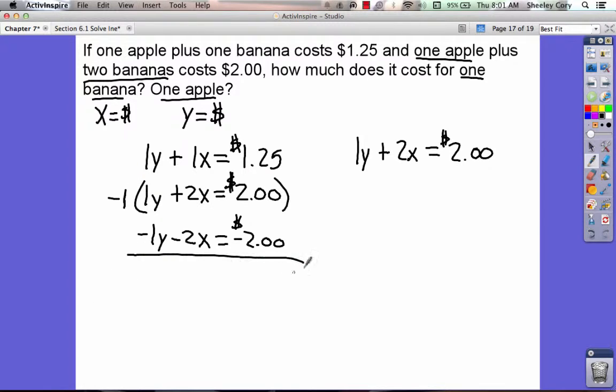Now we're done with that middle part. We can add the two equations together. 1y plus a -1y cancels out and gives you a 0y. 1x plus a -2x gives you a -1x, and $1.25 plus a -$2 gives you -75 cents.